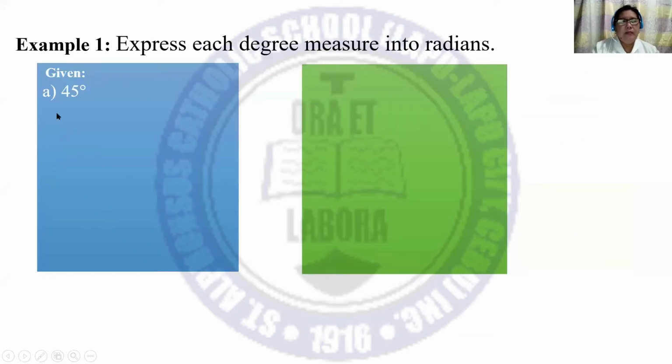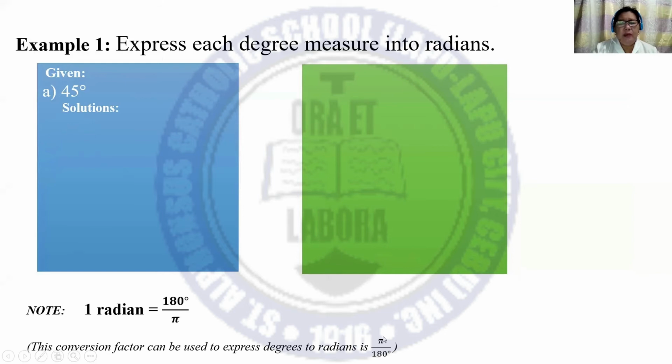Let us have an example. Given 45 degrees, we are going to convert this into radians. For the solutions, our conversion factor is pi over 180 degrees. So 45 degrees times pi over 180 degrees.